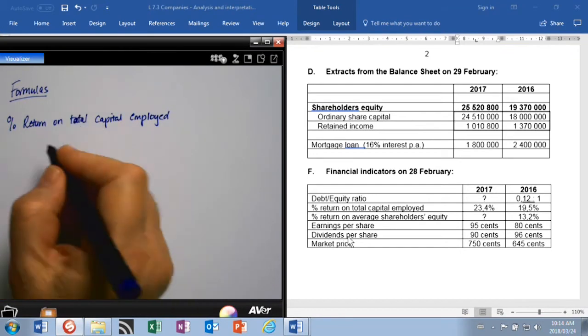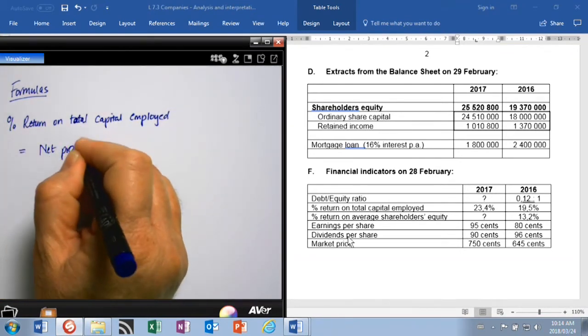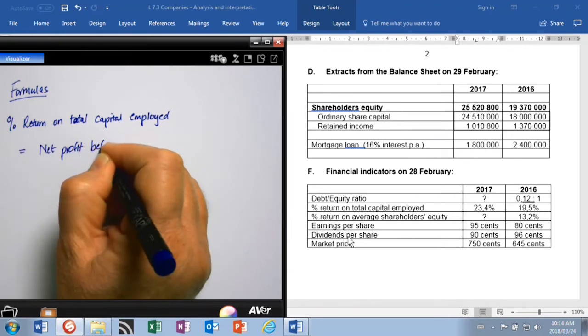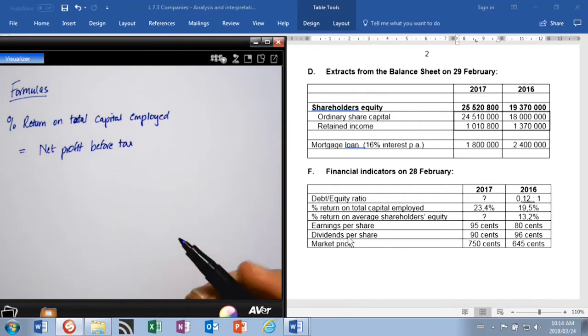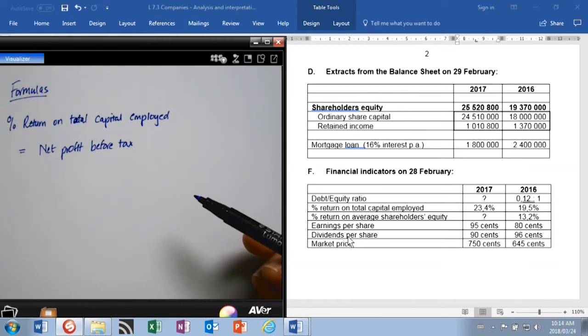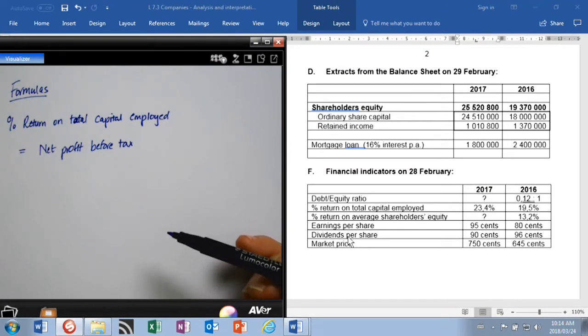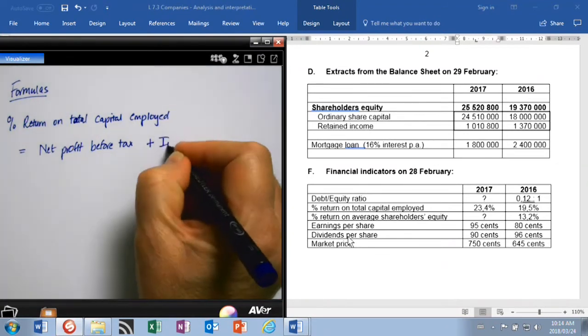But if they ask you to calculate it, it is net profit before tax in your income statement. Remember, you come from the top in your income statement, then you say operating profit, interest income, net profit before interest expense, net profit before tax, and then you add the interest expense.